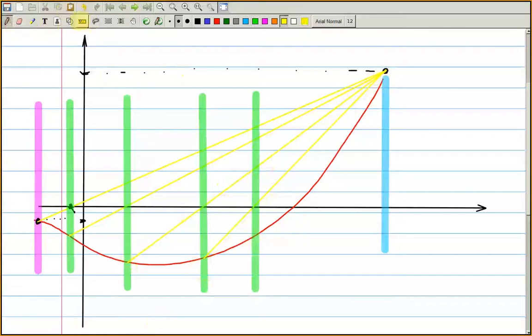Again, repeat the solution. Okay, and so on, and again and again.